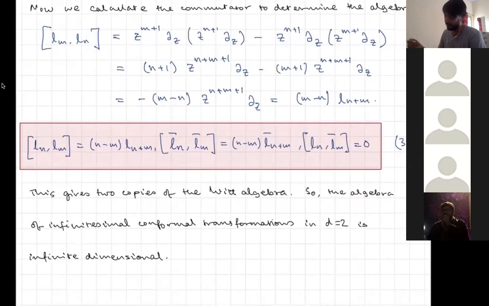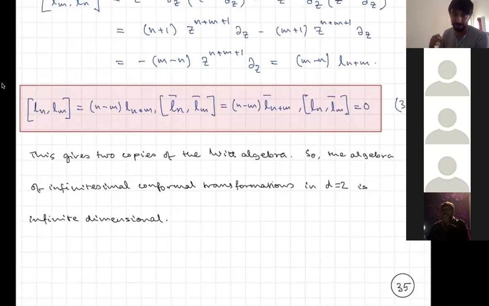And this is the infinitesimal version. So this essentially shows that the algebra of infinitesimal conformal transformations in d equal to 2 is actually infinite dimensional, because this label n runs over all of Z, all the way from minus infinity to plus infinity, for all integers.